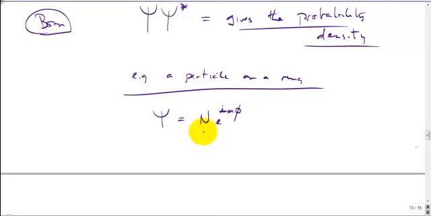So N is a normalization constant, and m is your quantum number. You get a number of wave functions with different values of m that satisfy the Schrödinger equation, and this is the form of the equation.